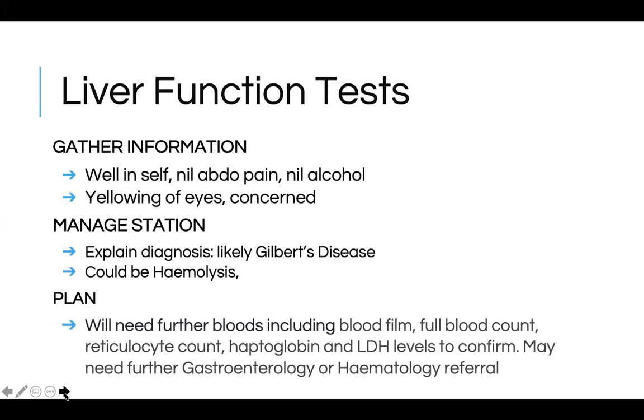If it is a hemolytic anemia picture, then hematology will be involved as well. In an OSCE, it would just be verbalizing that I would get the appropriate specialties involved.